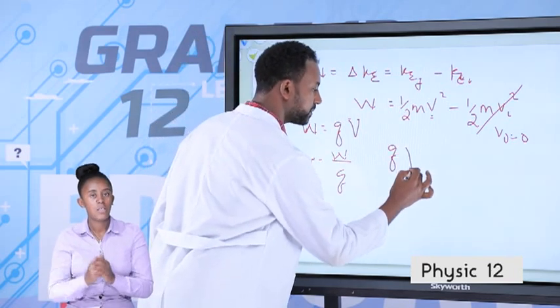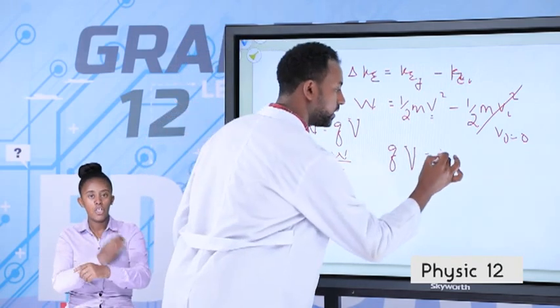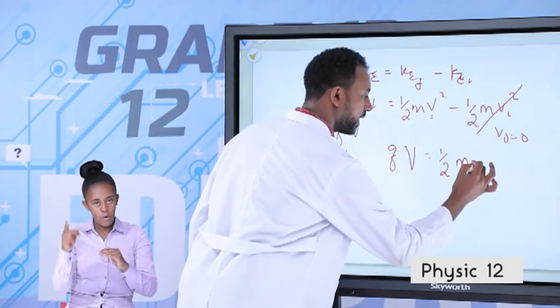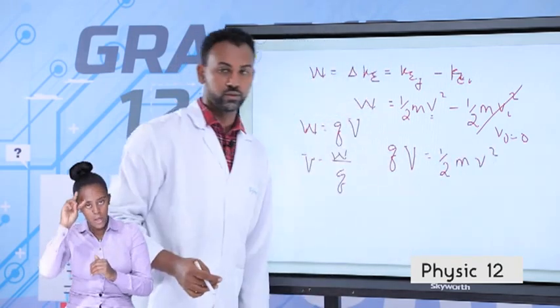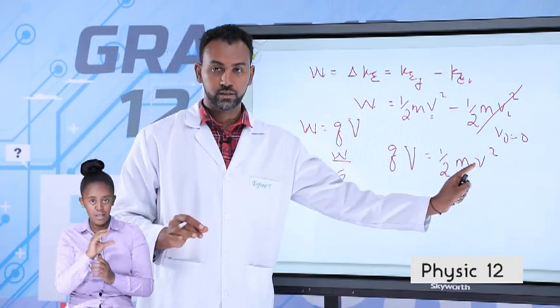Charge Q times the voltage or potential difference V is equal to one over two mv squared. Look at here. Here we have a capital V and a small v. You should differentiate these two.